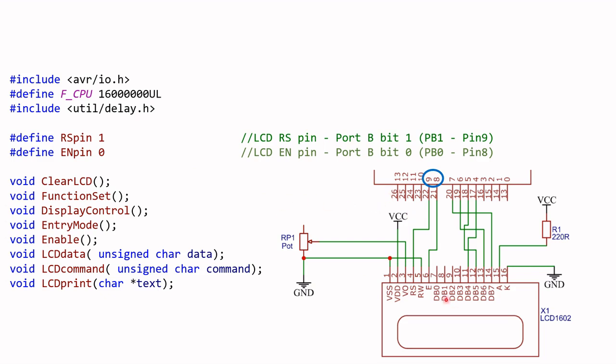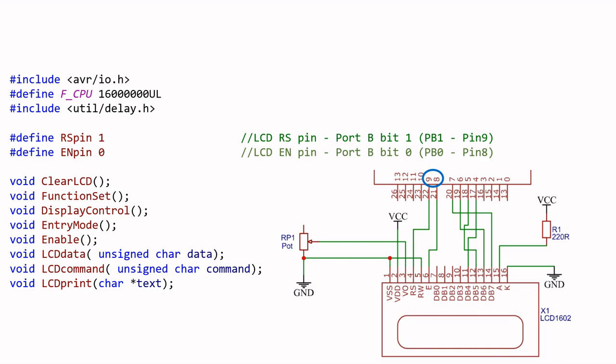So the RS, if you follow this through, is connected to pin 9 of the Arduino Uno. Now, this pin 9 is actually port B bit 1 on the ATmega328. And pin 8 on the Arduino Uno is connected to the enable pin on the LCD module.